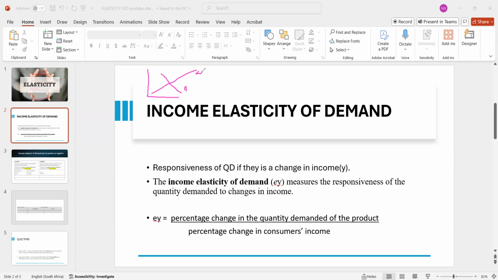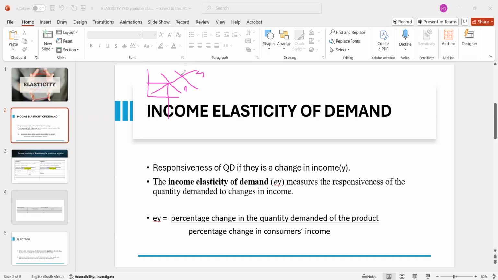If, let's say, the income of the consumers was to increase, the demand curve would shift to the right, indicating that there's an increase in demand.